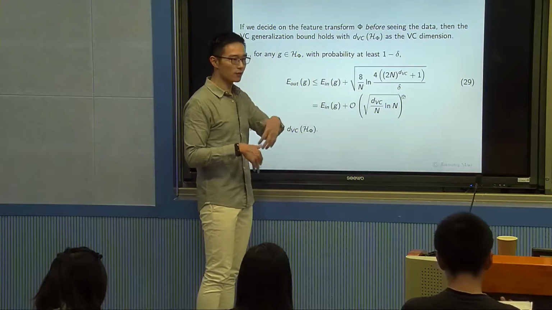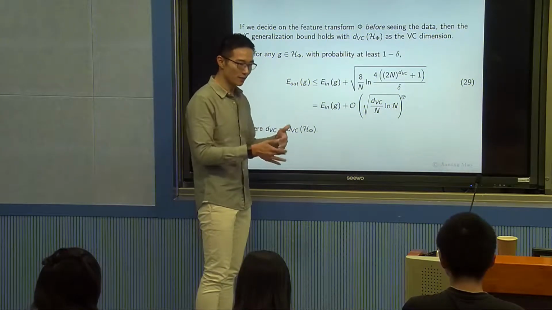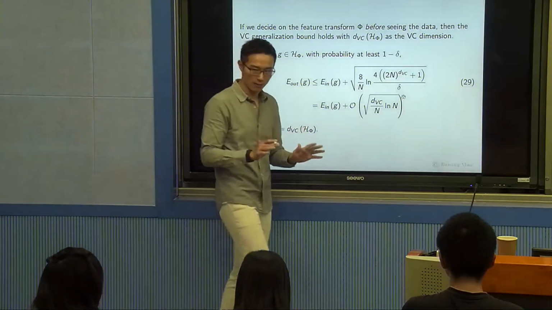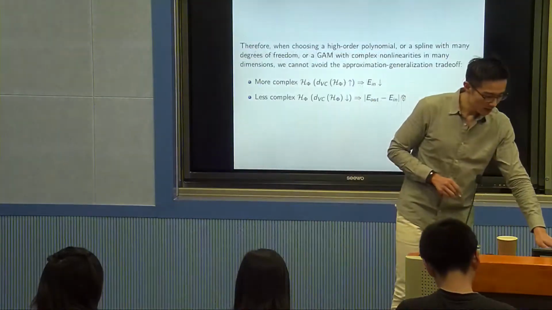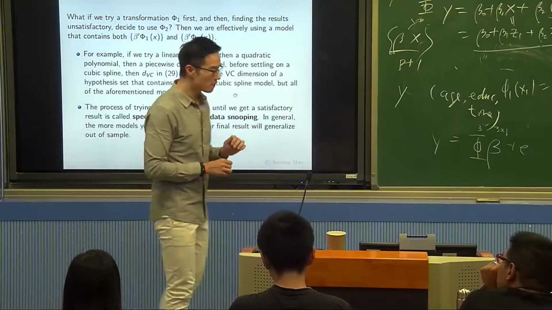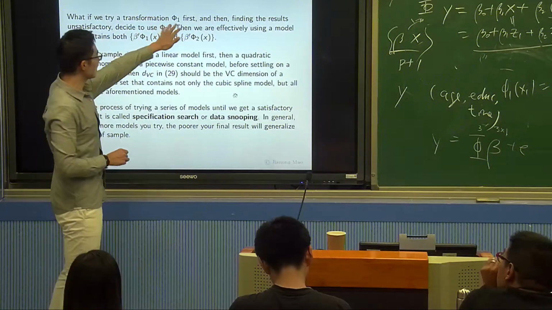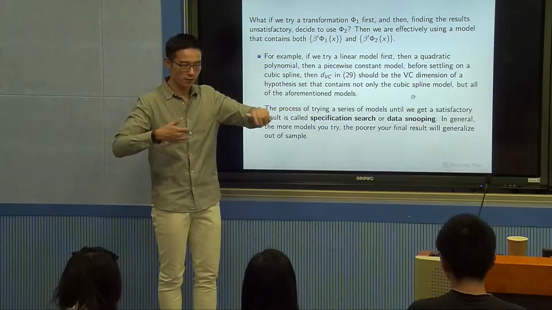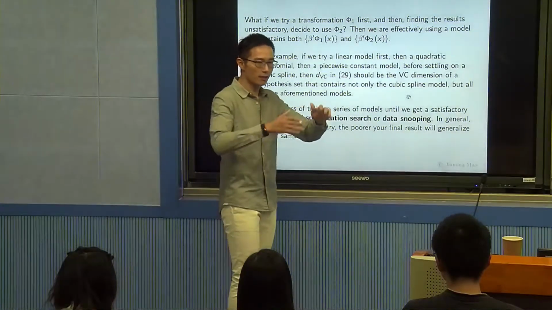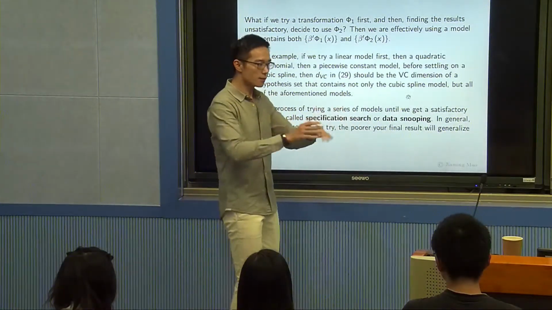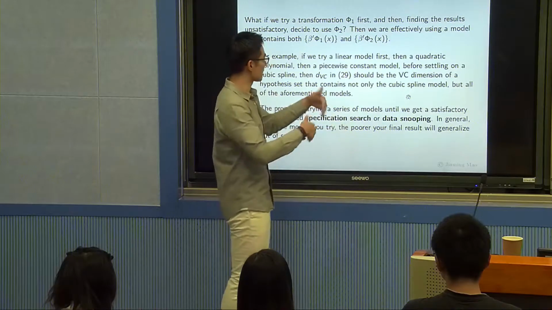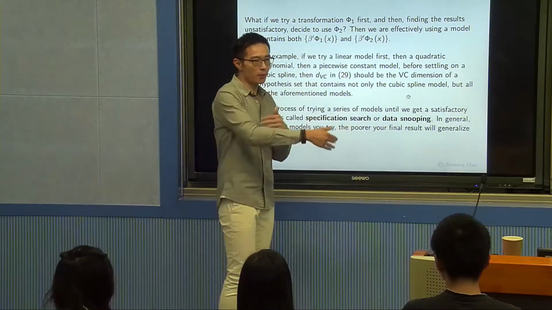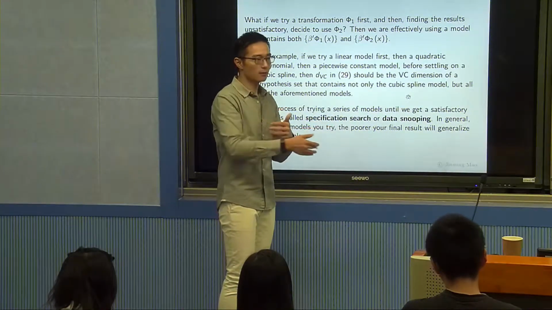But if you decide on a model after looking at the data, then things become more complicated. Because typically, people will try one kind of transformation first, for example basic linear regression, and then they discover that it doesn't fit very well. So let me try the polynomial. That's the second model. And if the polynomial doesn't work very well either, they try a third model.